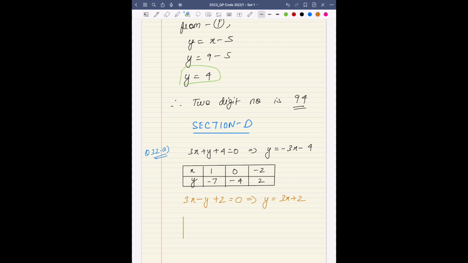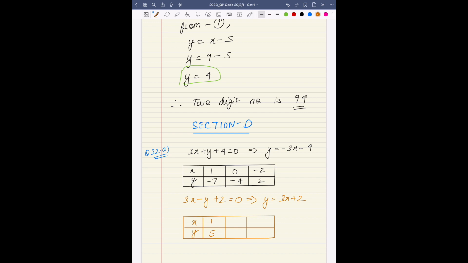Let's form a small table for this as well, and the rest is just plotting. We make the table, x, y. So you can take x as 1. When you take x as 1, you get y as 5. Pretty easy calculation, 3 into 1 plus 2.